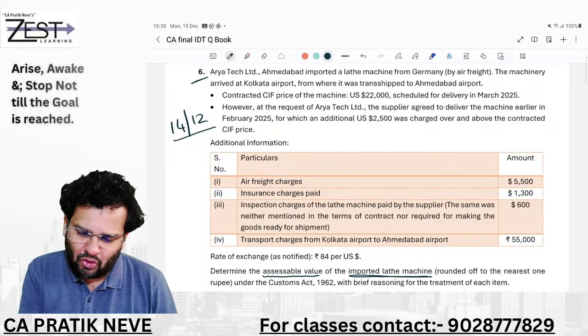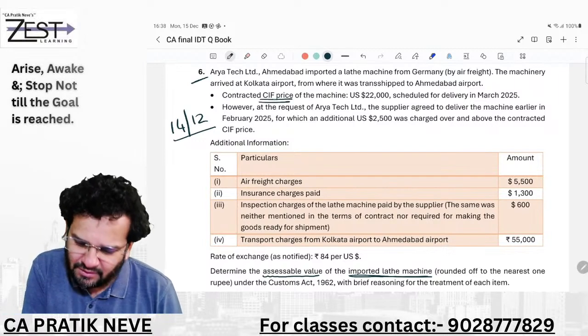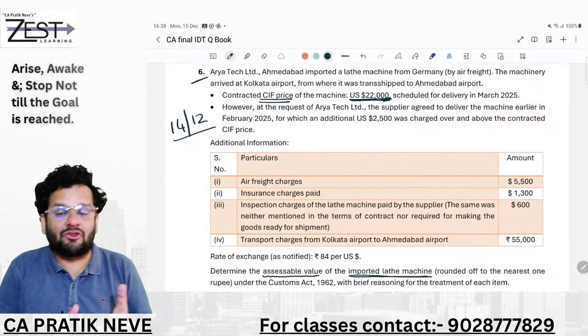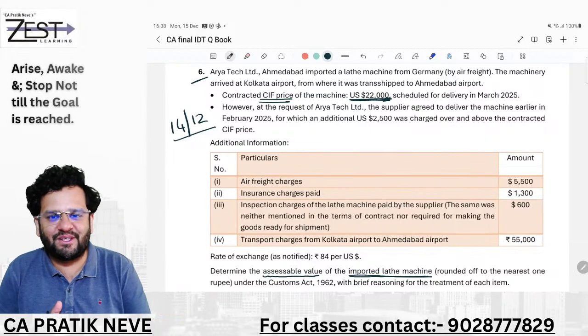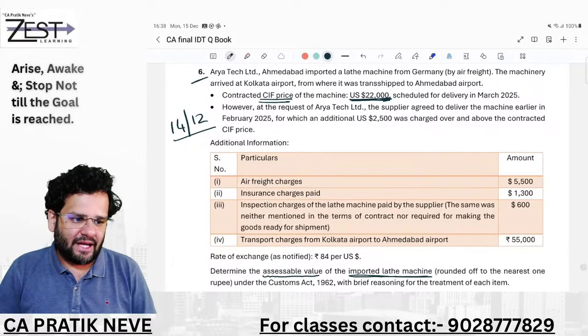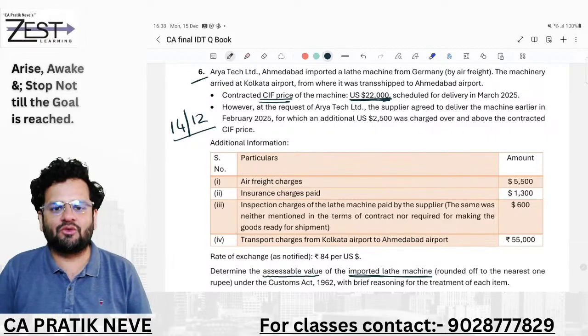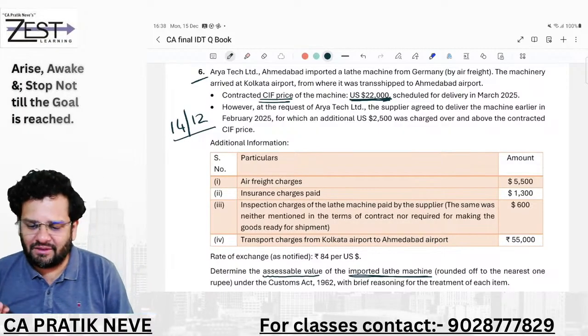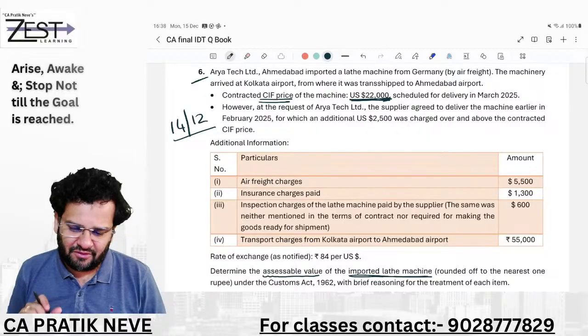Now contracted CIF price is given, which is $22,000. Actually assessable value is nothing but CIF value, so your final answer should be 22,000 itself. But it was scheduled for delivery in March 25.